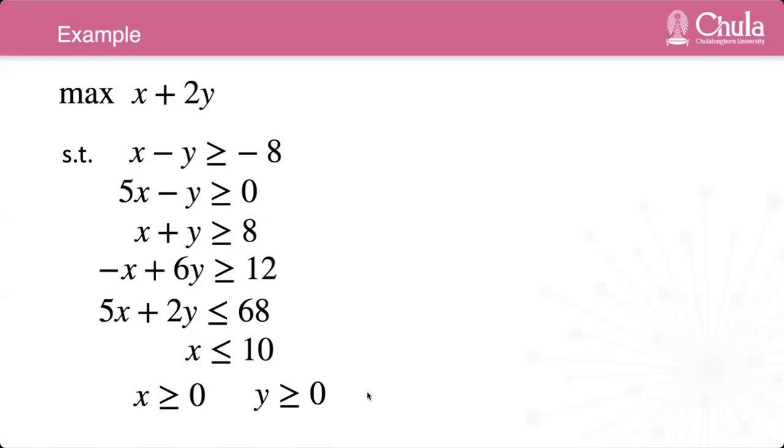5x, right? Because it's cancelled out. So 5x plus 6y plus E1 plus E2 plus E3 minus S2 minus S3, so equal 12, right? You sum all of this, okay?